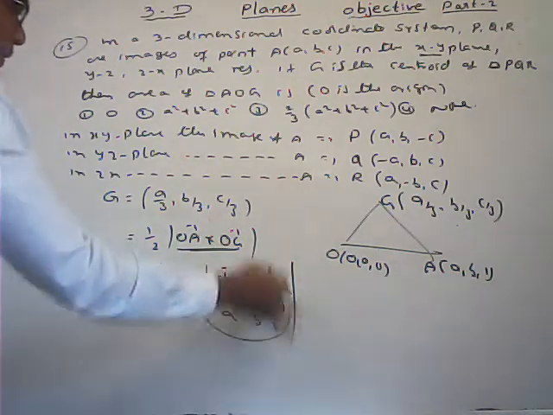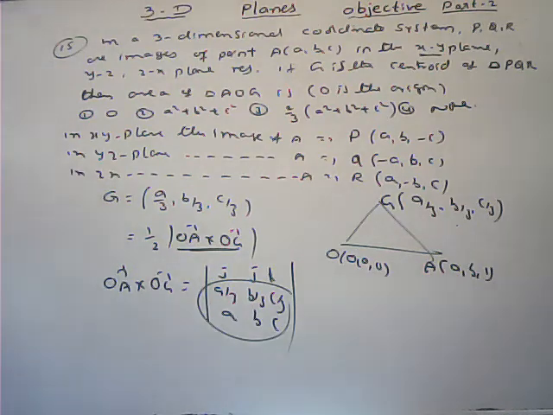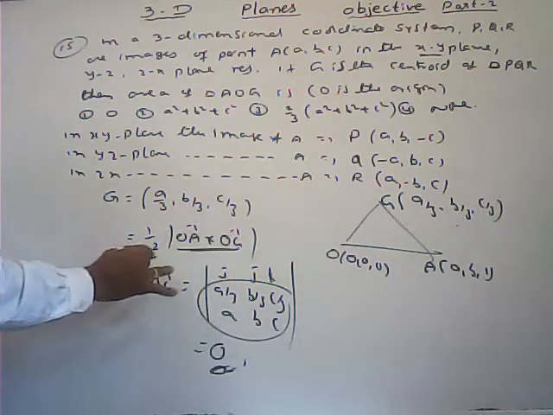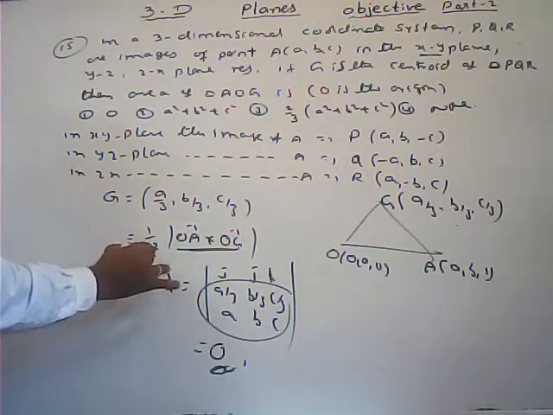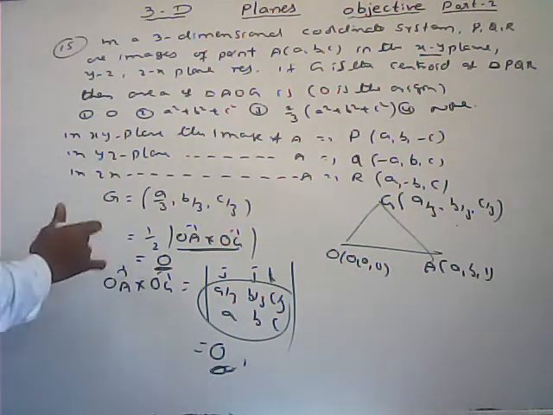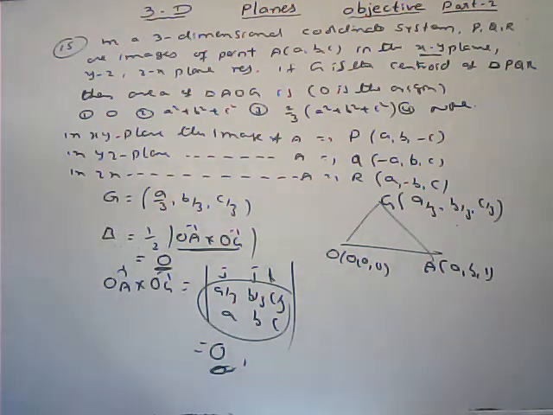Now here you can see the second row and the third row both are proportional. If any two rows or columns are proportional, the determinant equals 0. So if it is 0, its modulus is also 0, and one-half of 0 is 0 only. Area of triangle OAG, we are getting 0. Thank you.